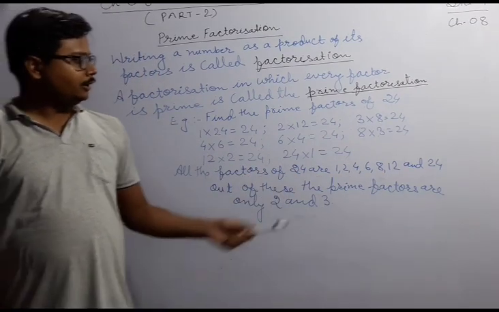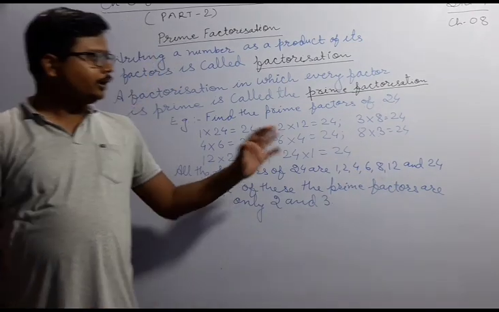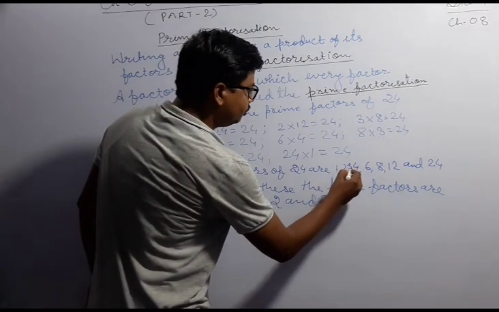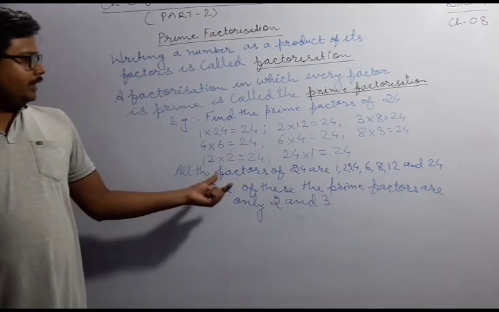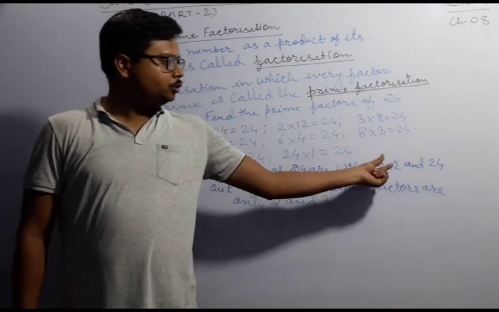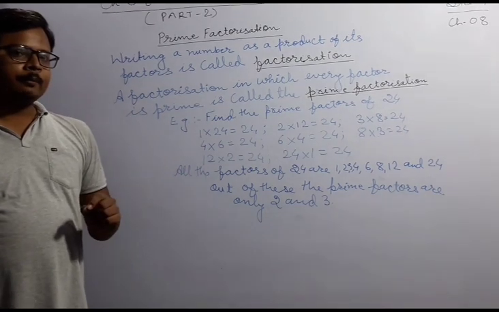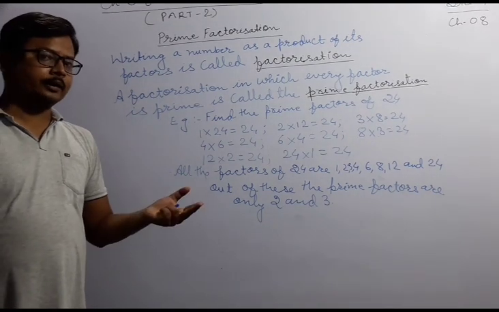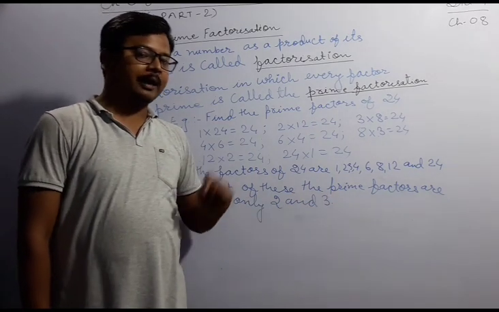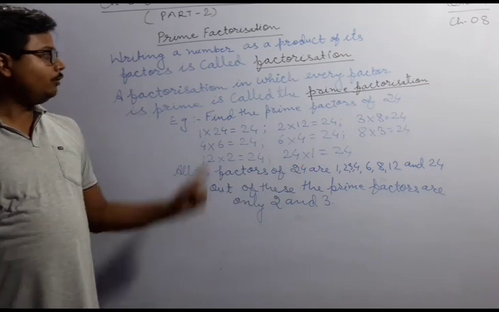As you can see, 4, 6, 8, 12 and 24 are not prime factors. Why? Because they have more than 2 factors. Only 2 and 3 are prime numbers here. So, 2 and 3 are the prime factors of 24.